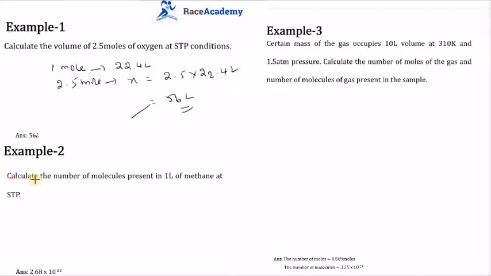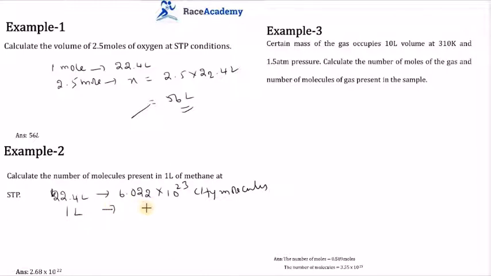Next, example 2. Calculate the number of molecules present in 1 liter of methane at STP. What is STP condition? We know that 22.4 liters contains the Avogadro number of molecules, that is 6.022 into 10 to the power of 23 molecules of methane. And the given volume of the methane is 1 liter only.